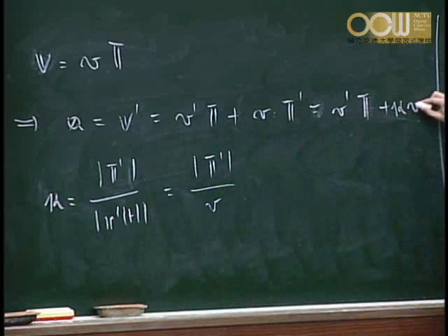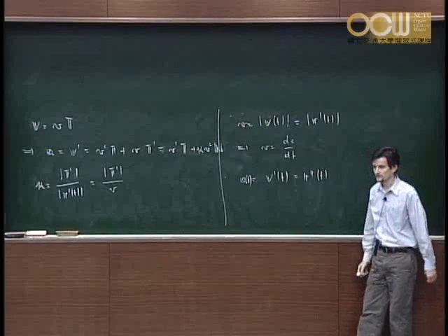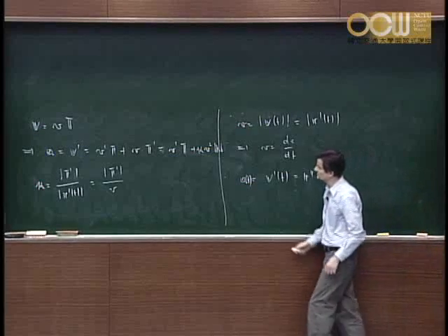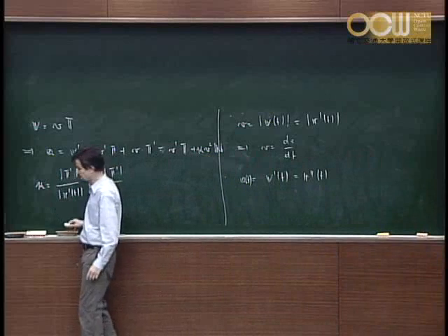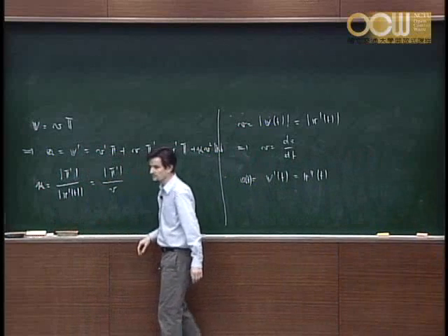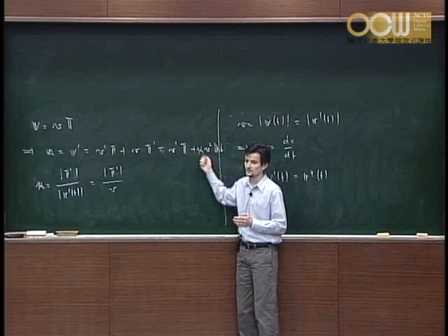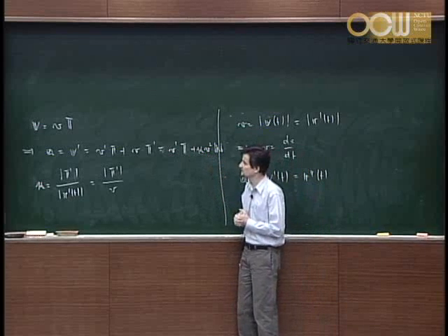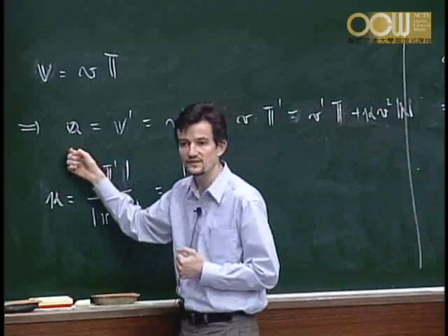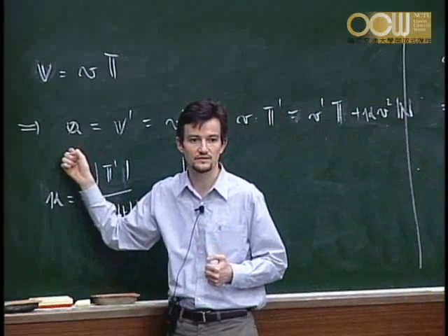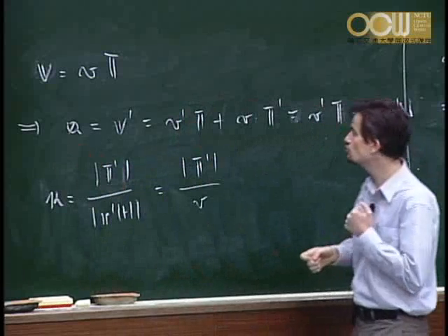Okay, so you have it here. You have kappa times v squared times the normal vector. So you see that the acceleration, because as I have explained before the osculating plane is spanned by those two vectors, always lies in the osculating plane. And it has two components.